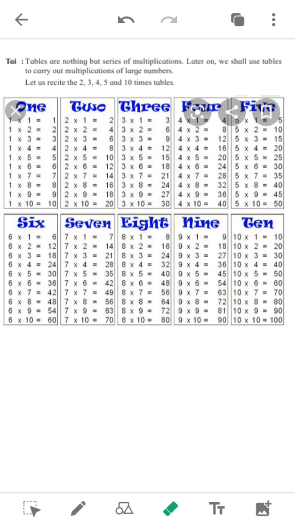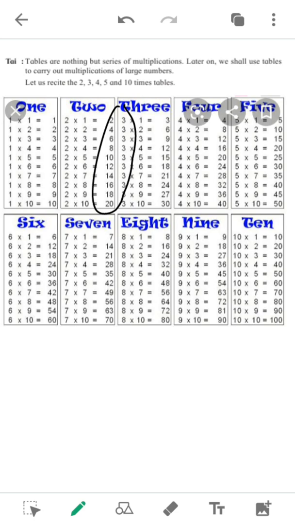First, 2 time tables. 2 ones are 2, 2 twos are 4, 2 threes are 6, 2 fours are 8, 2 fives are 10, 2 sixes are 12, 2 sevens are 14, 2 eights are 16, 2 nines are 18, 2 tens are 20.